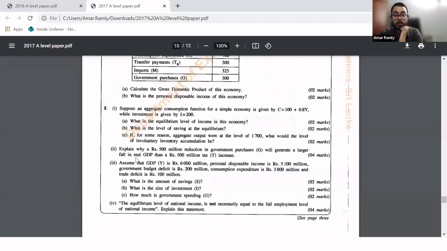All right. Next up, when we look at the third question: if for some reason aggregate output were at the level of 1700, what would the level of involuntary inventory accumulation be?